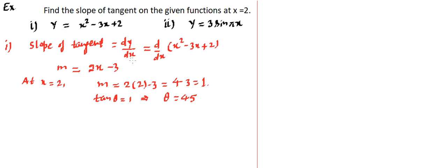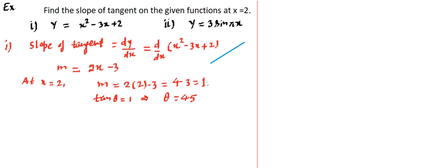Making sense? Now if you recall previous lectures, we have talked about how the slope appears. Since this slope is coming out positive, the tangent line, if at all we draw it, will be inclined in this way. When a line is inclined like this, its slope is positive.